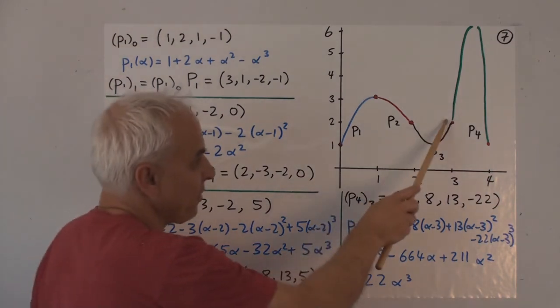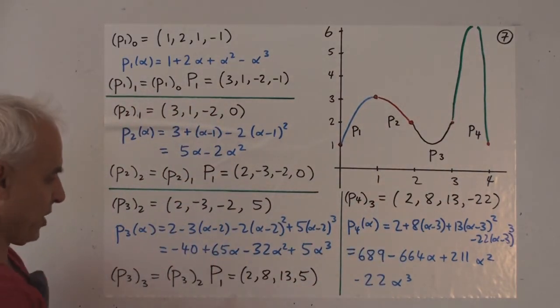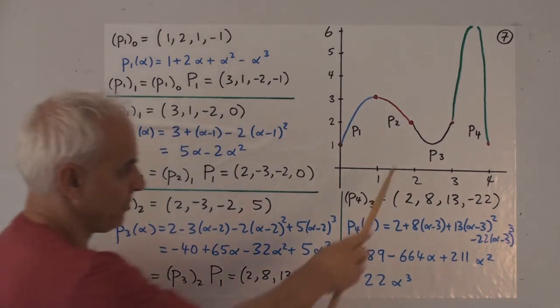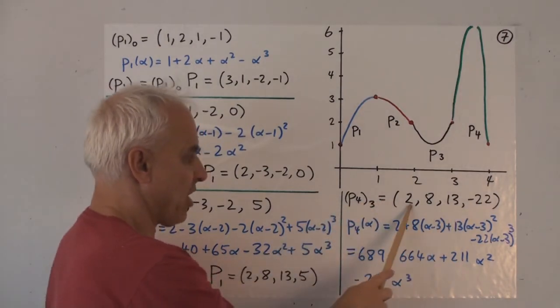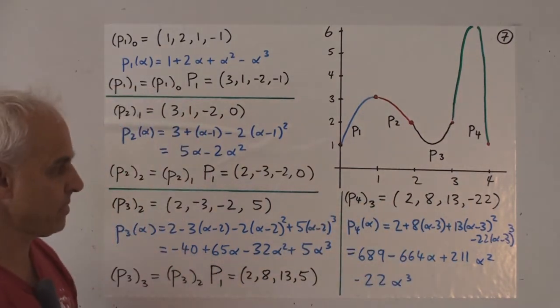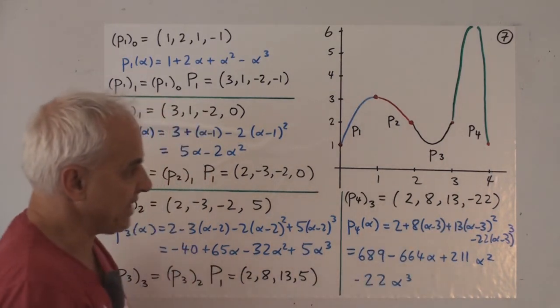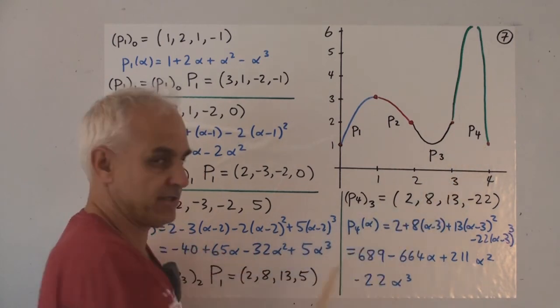Then finally, for the fourth polynomial, P sub 4, we're going to take this Taylor vector, which is the Taylor vector for P3 at that endpoint, copy it over, at least copy the first three terms, and adjust the fourth term so that the sum of all these things is equal to, in this case, 1, the value of the next endpoint.